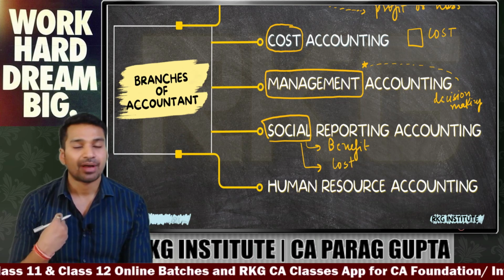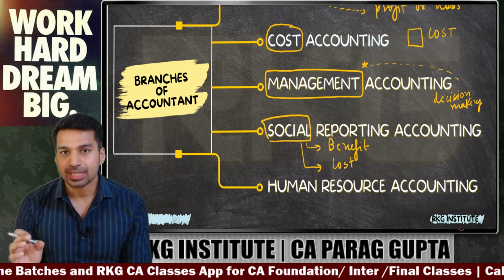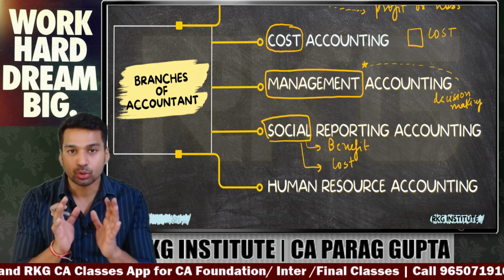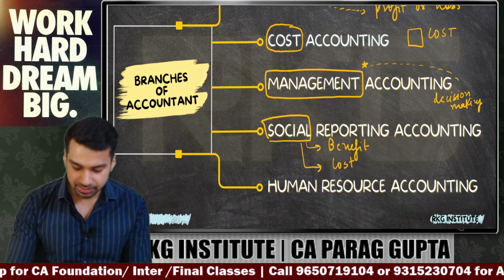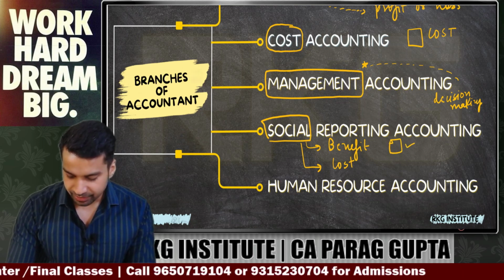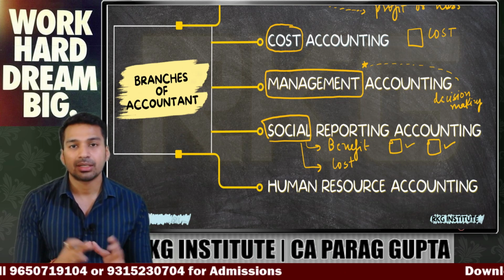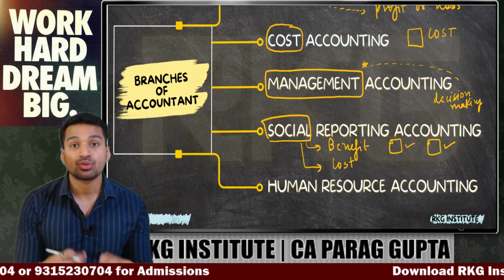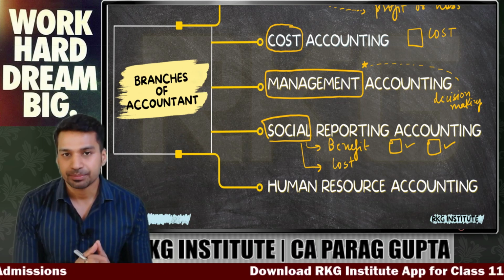See, if I have a business and if I do something good for the society, I will report that good deed on my website. Let's take an example. Suppose I open a school for poor children or I open a hospital for poor patients. This is a good deed by a business for the society. So we will account for that as a social benefit.